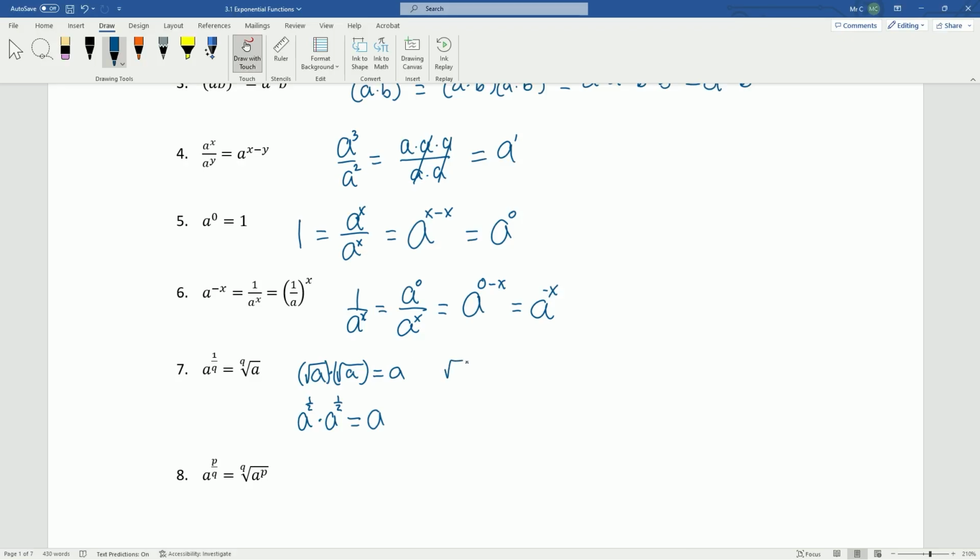Let's take a look at the cubed root then. Well, the cubed root means the number that multiplied by itself 3 times gives you what's inside. So if we look at a to the 1/3 power and multiply it by itself 3 times, what do we see? 1/3 plus 1/3 plus 1/3 is 1. That's a to the 1st power.